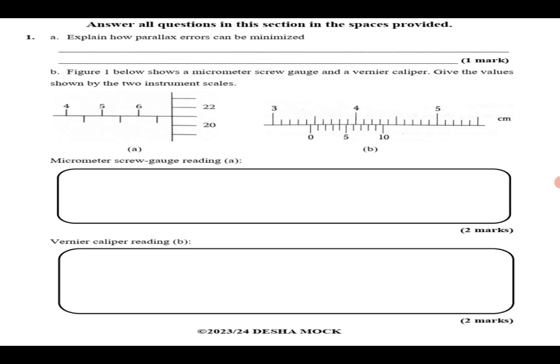If your line of sight is not in line with the scale from which you are taking a reading, you are bound to record a wrong or erroneous value due to poor positioning of your eye or eyes during observation.